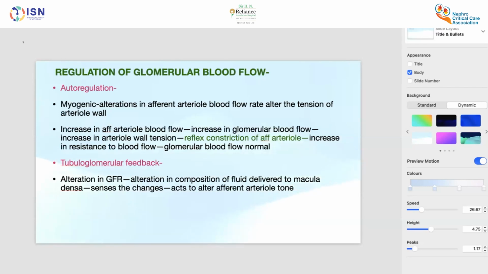So basically, when we speak of afferent and efferent arterioles and the different mechanisms, the ones which can be altered pharmacologically are related either to the prostaglandin mechanism or to the angiotensin 2 mechanism.